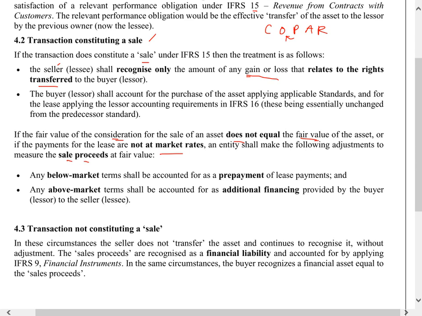If it's below market value, I sell it to them cheap. It should be accounted for as a prepayment of lease payment. Why is it treated as a prepayment?